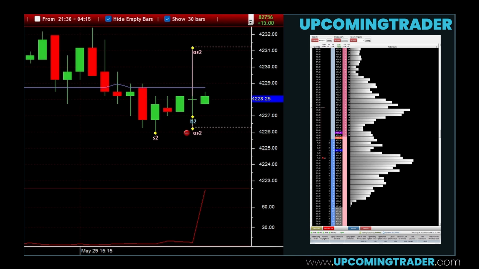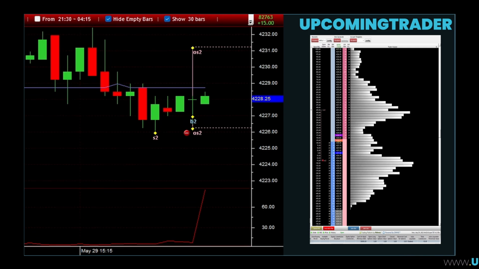It is also essential to understand the context of the pattern. Double tops and bottoms, for instance, are more reliable when confirmed by a break below or above key support and resistance levels, ideally supported by a moving average trend.